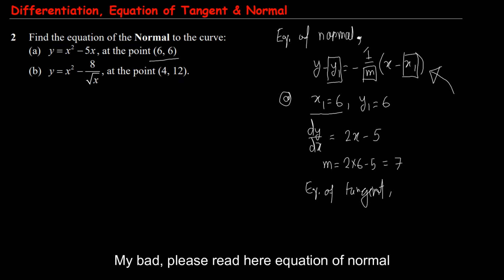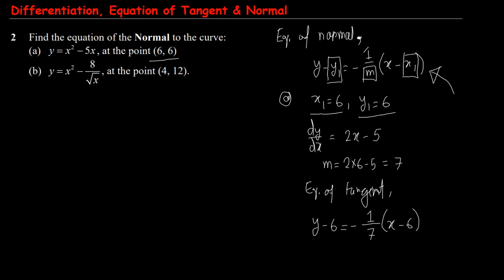We need to know the equation first, which is y minus 6, y1 is 6, from here we took it, equals minus 1 by m. M is 7, put the value here, then x minus 6. Now make it simple by cross multiplication, which is 7y minus 6 times 7, that is 42, equals, on the right side, minus x, then minus 1 into minus 6, which gives plus 6.